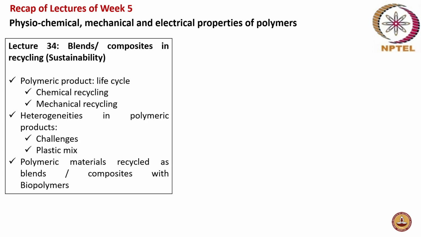So that makes the recycling of polymers very challenging. And then plastic mix, and then polymeric materials recycled as blends and composites with biopolymers. So these were all discussed in lecture 34.